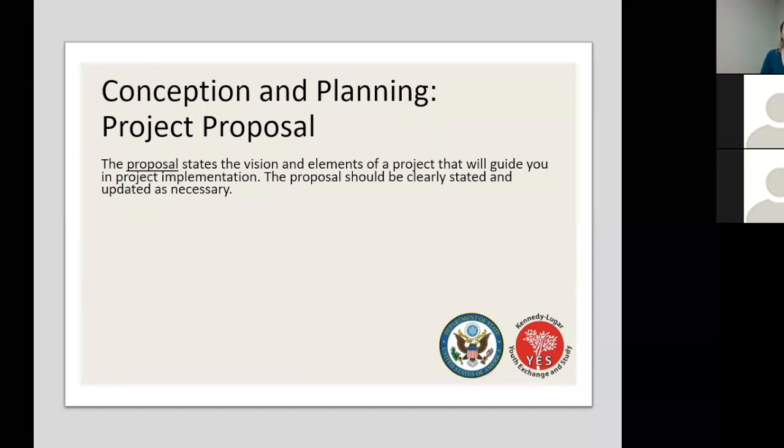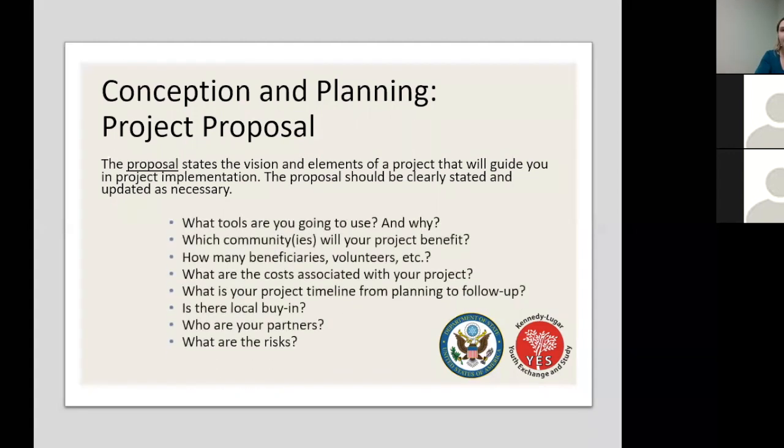So conception and planning, the project proposal states the vision and the elements of a project that will guide you in project implementation. The proposal should be clearly stated and updated as necessary. Within your proposal, you want to explain what tools you're going to use and why, which communities will your project benefit?